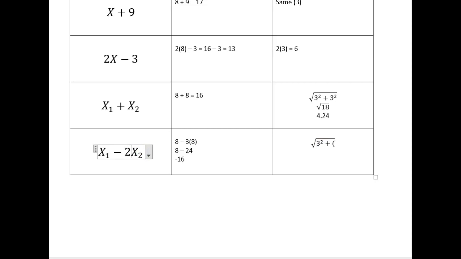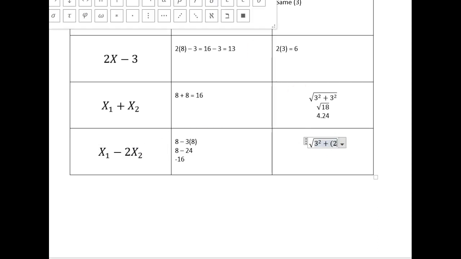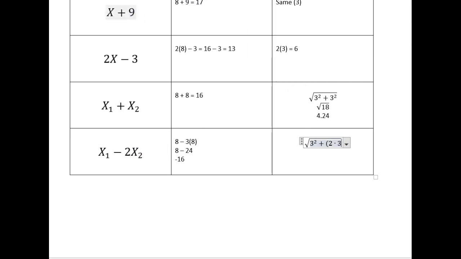I'm going to actually change it to times 2 right now real quick, just so that it makes more sense. So it's going to be 2 times my standard deviation of x, which is 3, squared.